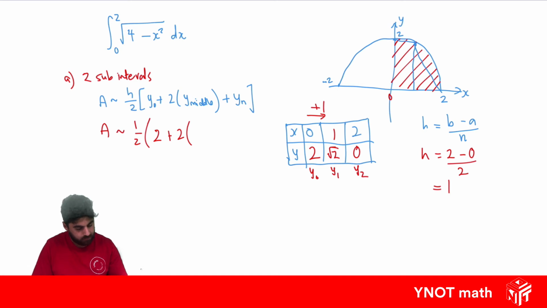I made a mistake, because we get 4 minus 1 squared, well, 1 squared is 1. 4 minus 1 is 3, so we actually get root 3 there. So that should be root 3. Plus, this is just our last y value, and we only have 3, so it's just this y2 here, which is 0.